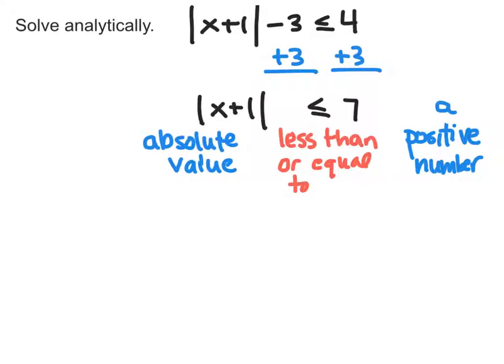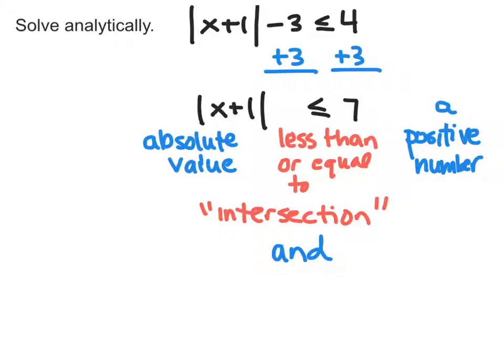Because we have an absolute value that's less than or equal to a positive number, this will give us the intersection case. And when we have an intersection case, the connector word in between the 2 inequalities for the compound inequality is the word and.